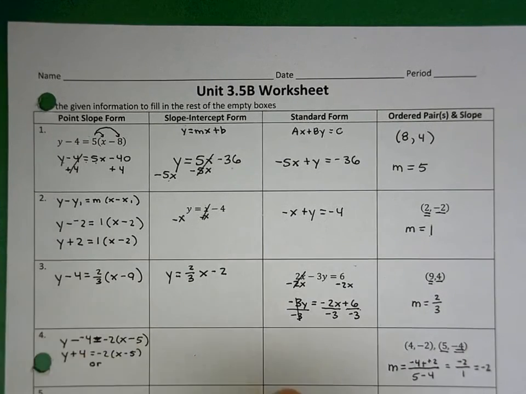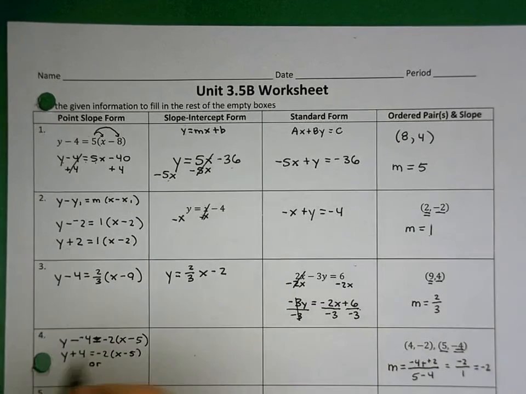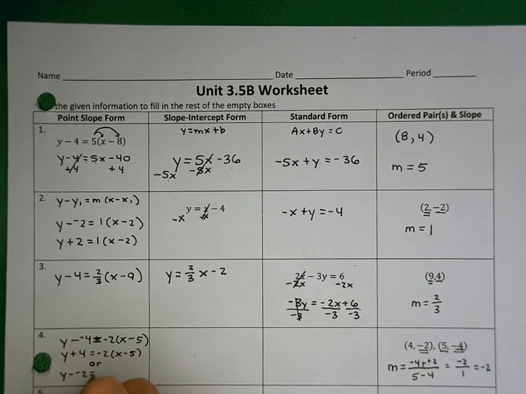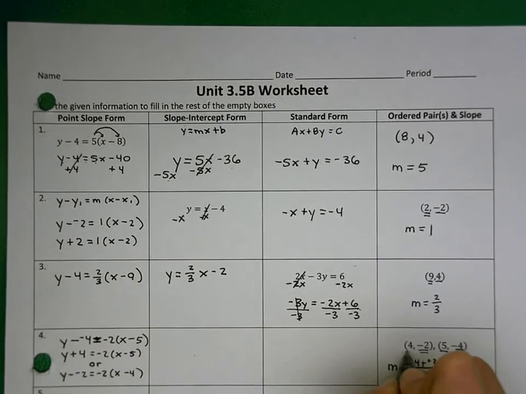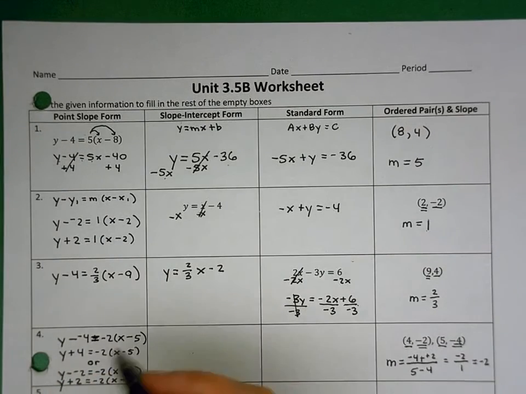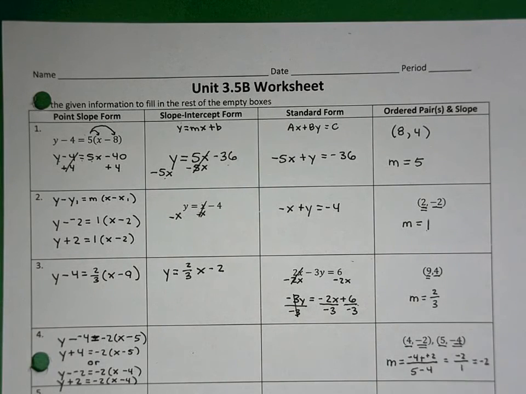Or you could use the other point, which would be y minus -2 equals -2x minus 4, which if you clean this up is the same thing as y plus 2 equals -2x minus 4. Either one of those equations would be right. And at this point, now that you're in point slope, you have either point slope equation. Again, it does not matter, either point slope equation.